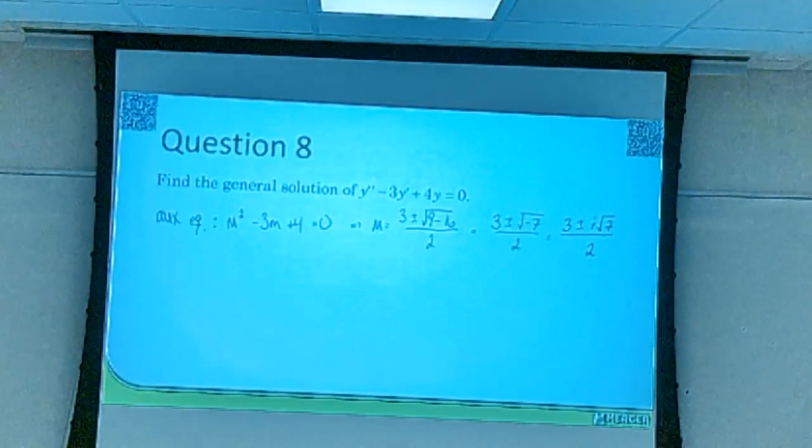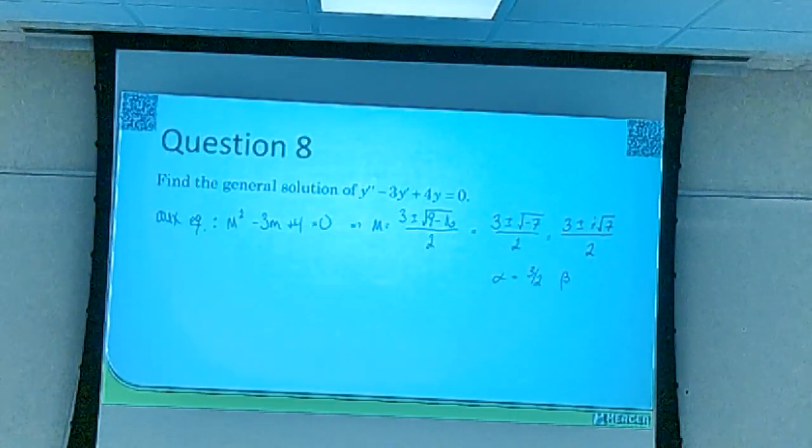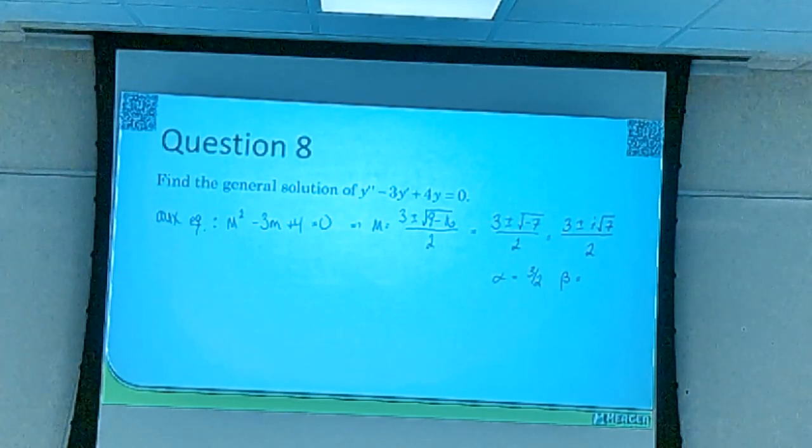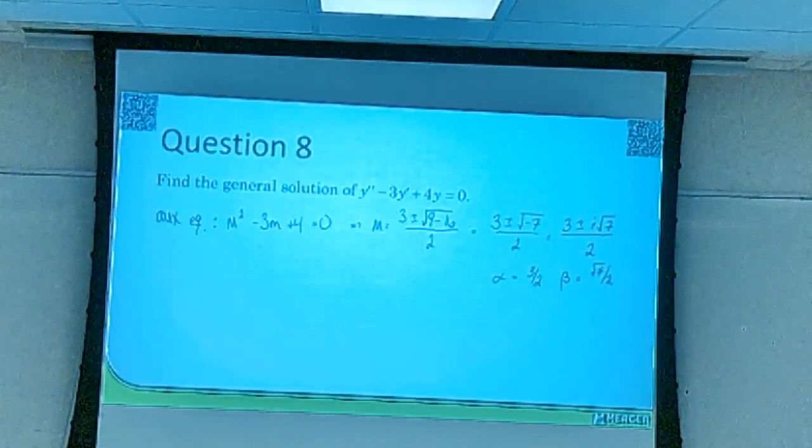What is the real component? Three halves. What's the beta, or what's the imaginary component? Seven over 2.